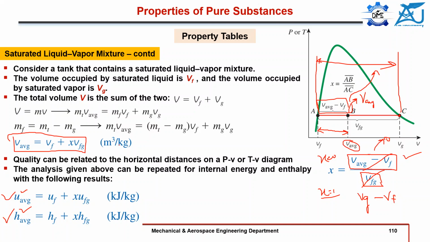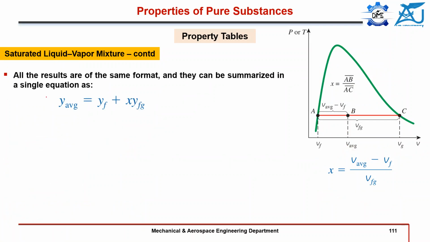We can write it in a generalized form as this, where y is any specific property: v, u or h or even s as well. S means entropy, which we are not discussing now. We'll talk about it probably in the last one or two chapters. Is it clear till here?